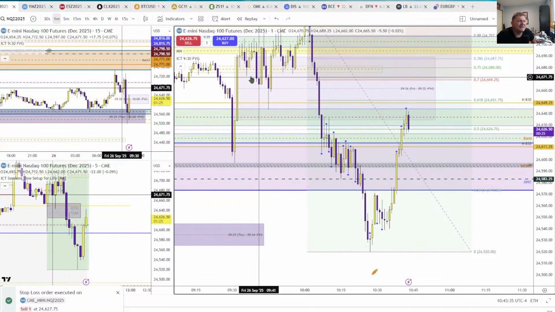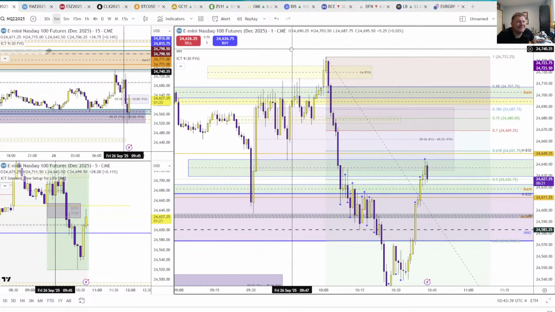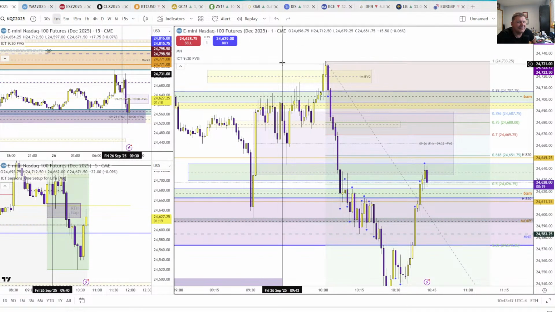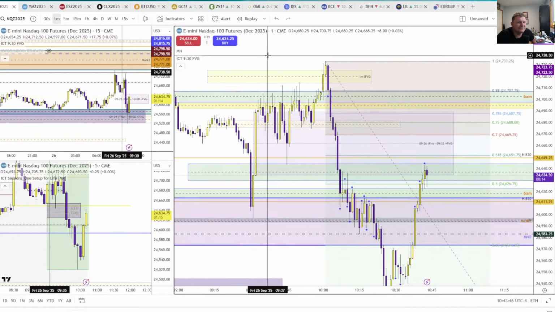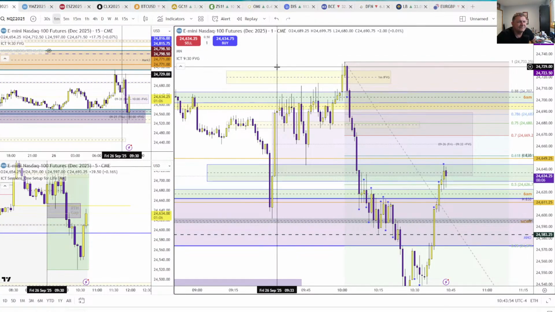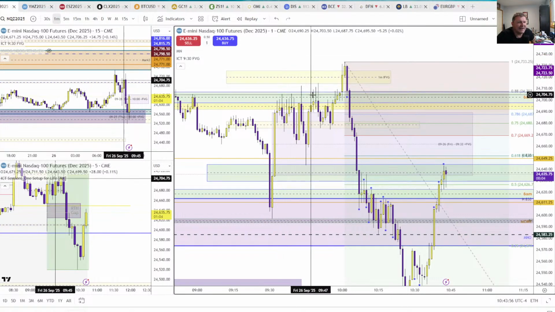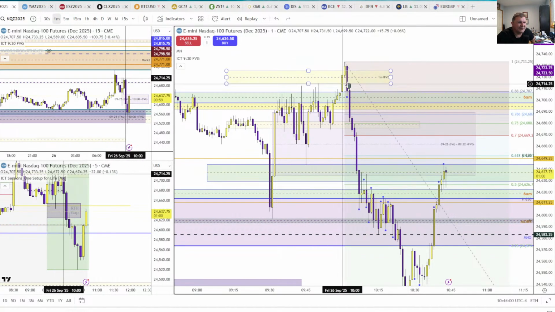Look at the ICT unicorn. We look at ICT unicorns totally differently, man. I've actually gone back through his index, the little AI, and I've asked, show me your unicorn trade.